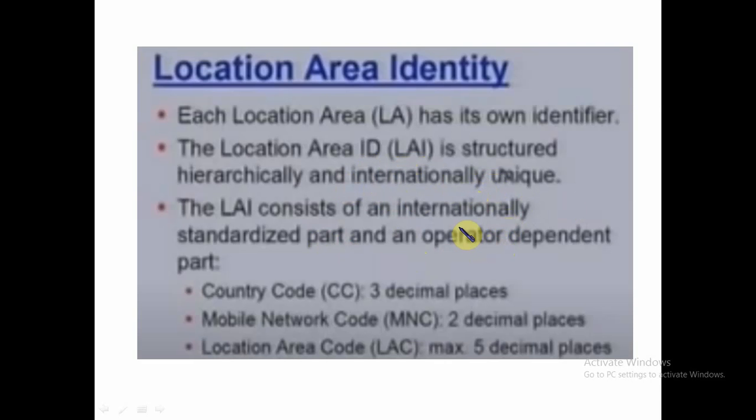LAI consists of an internationally standardized part and an operator-dependent part. It has a country code of 3 decimal places, a mobile network code of 2 decimal places, and a location area code of a maximum of 5 hexadecimal places. This breakup is a matter of detail; what is important to understand is the global picture.